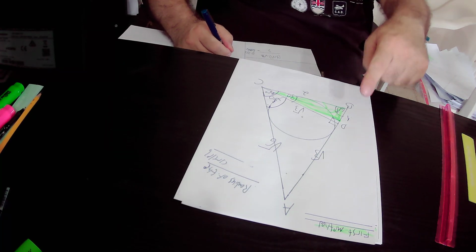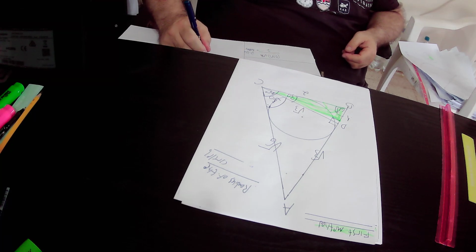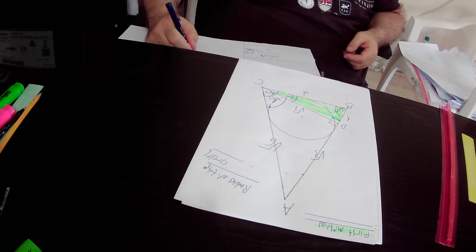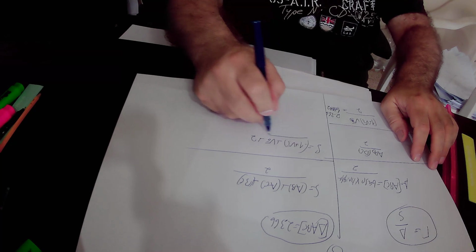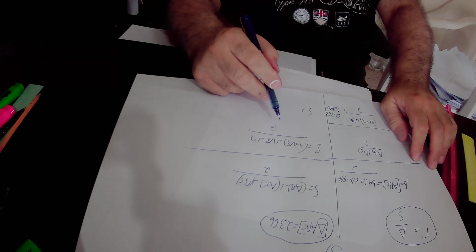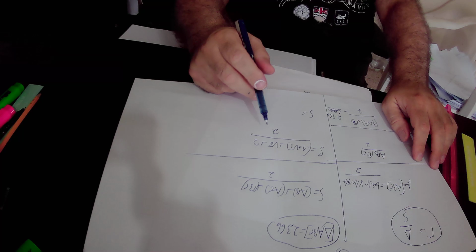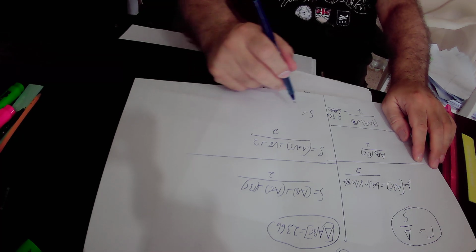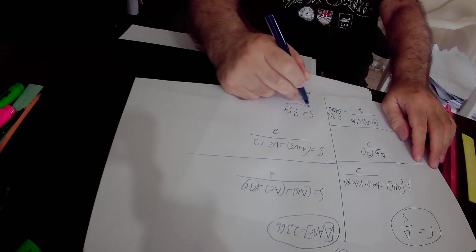AB equals 1 plus square root of 3, AC equals square root of 6, plus BC is equal to 2, all divided by 2. And the value of this expression, 1 plus square root of 3 plus square root of 6 plus 2 over 2, is actually equal to 3.59 units.